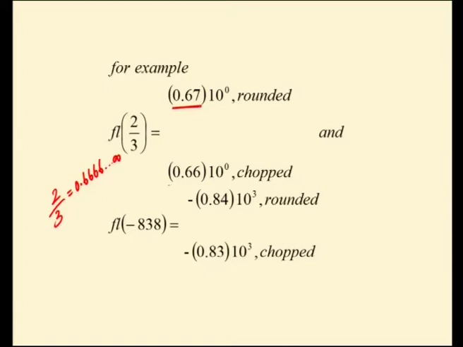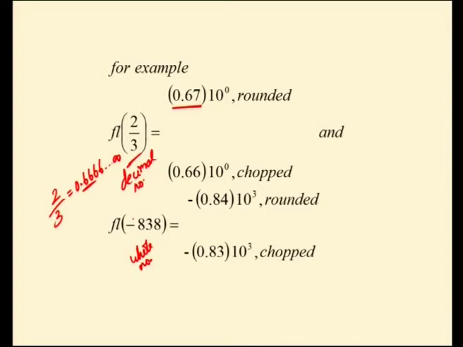And if you want to chop it off, in the sense of cutting it off, because it is going on up to infinity, just take only 0.66 times 10 to the power 0, chopped. This is a decimal fractional number, and now just consider a whole number: the floating point representation of minus 838.